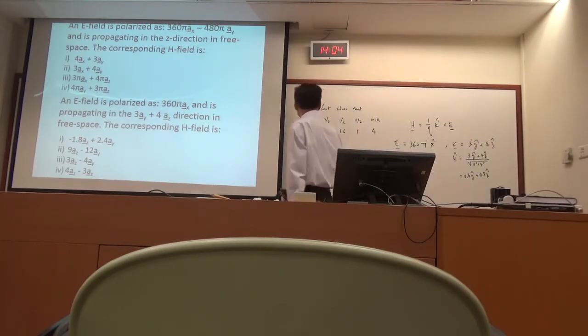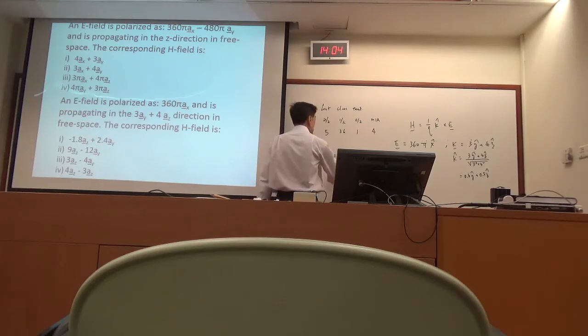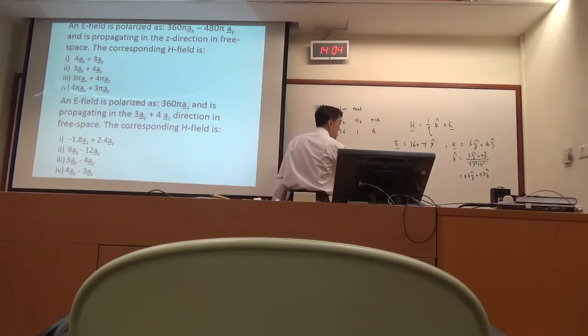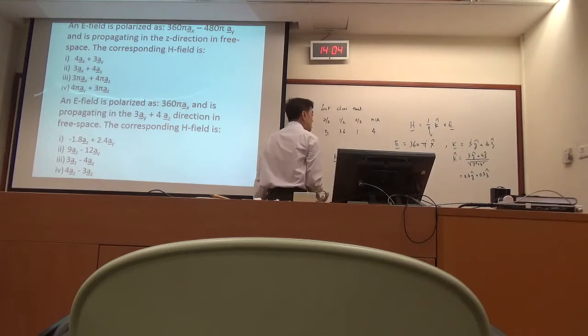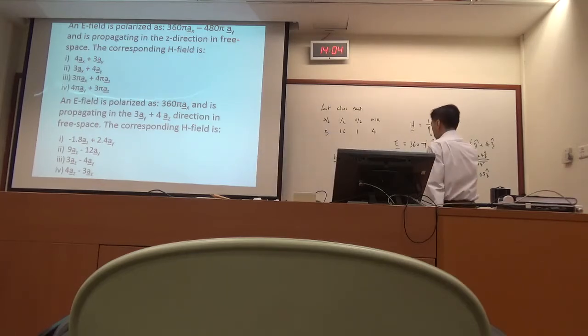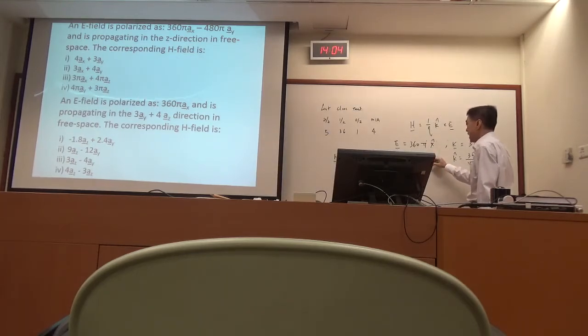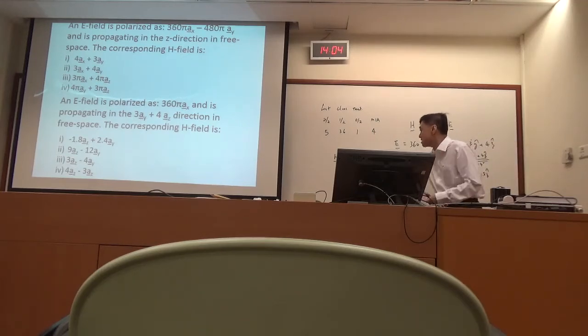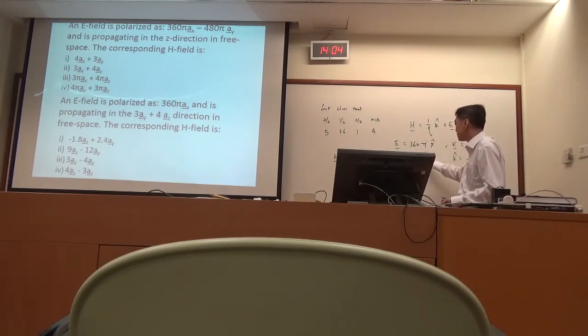Now, H is once again equal to 1 over 120 pi, 0.6y plus 0.8z cross 360 pi x. 120 pi and 360 pi, this one becomes 3.